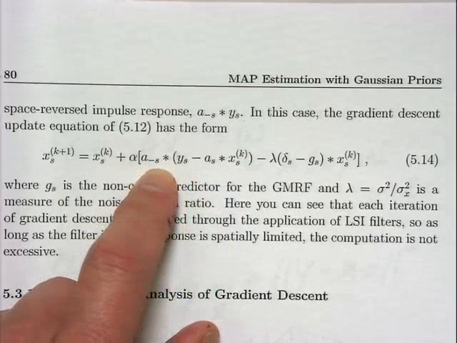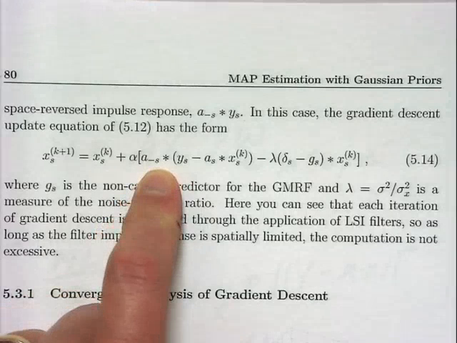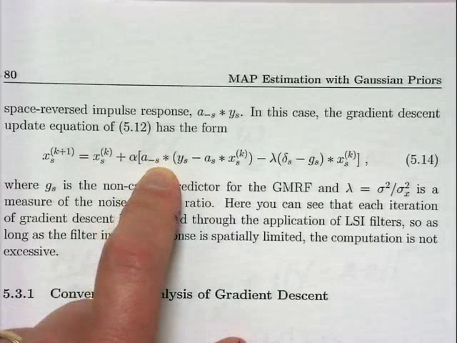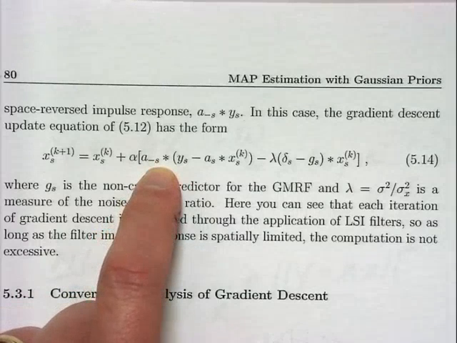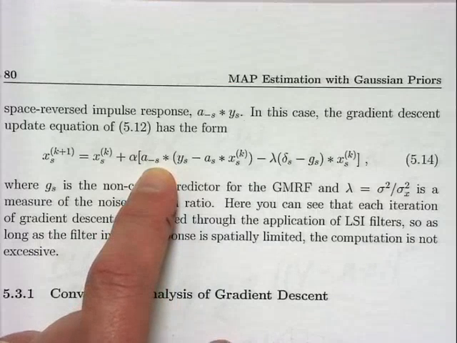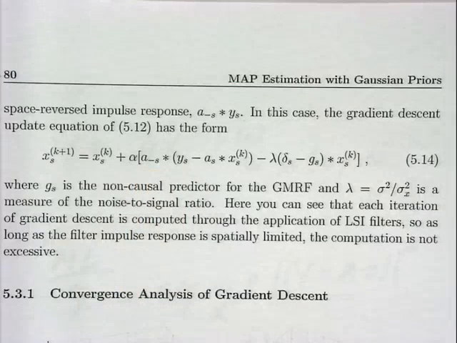So why is it we're convolving with a sub minus s instead of a sub s? It's the transpose. When you take the transpose of a linear space invariant operator that's a Toeplitz matrix, it takes the time reverse of the impulse response for the convolution. That was a long sentence, but you guys know all this, right?